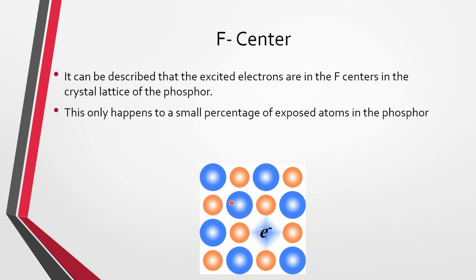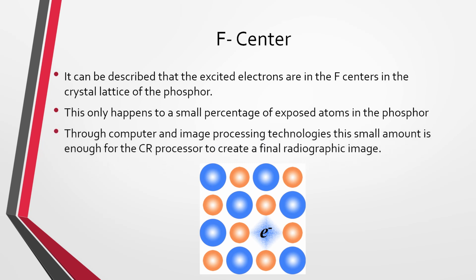So this would be the lattice here of the barium with the europium in it, and there will be spots that we call holes in physics, called electron holes, which is like a positive area. So the negative electron, once it gets excited, can fill that hole, which is known as the F center.